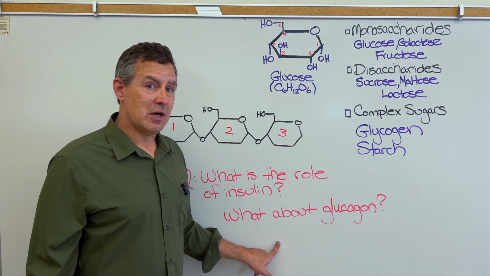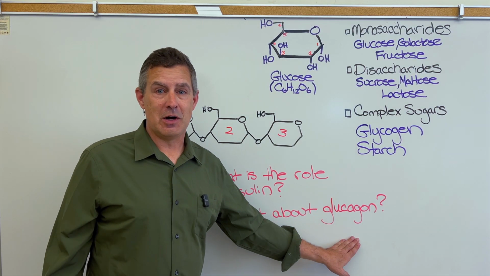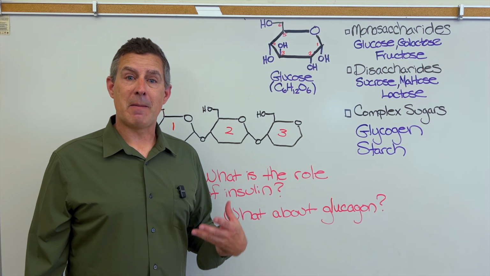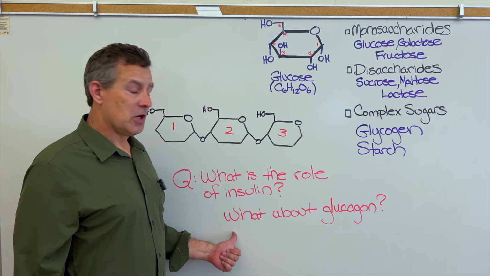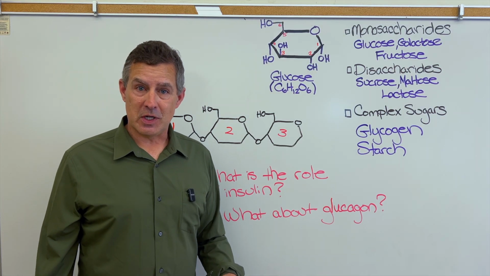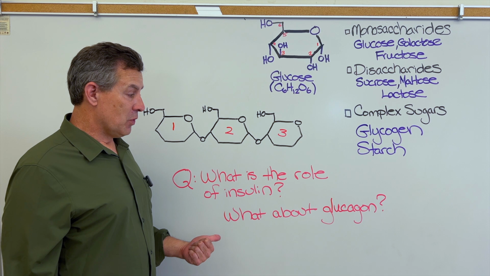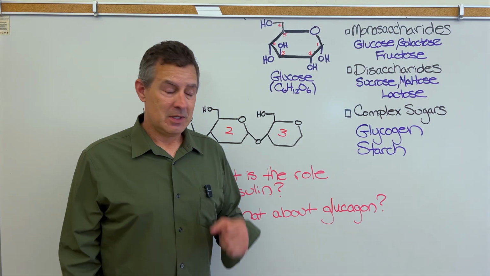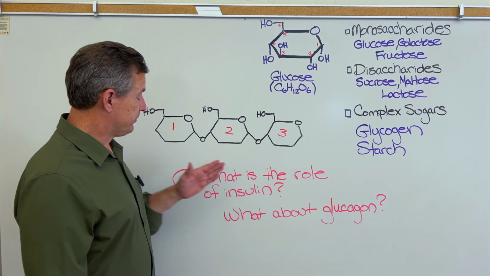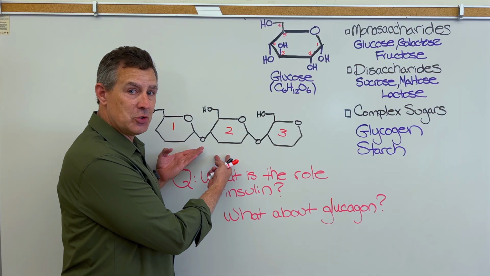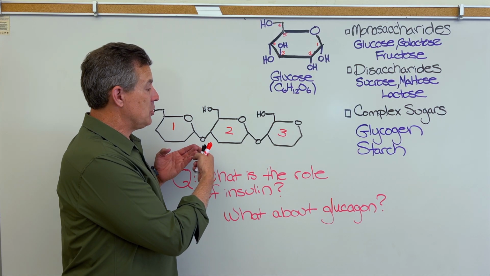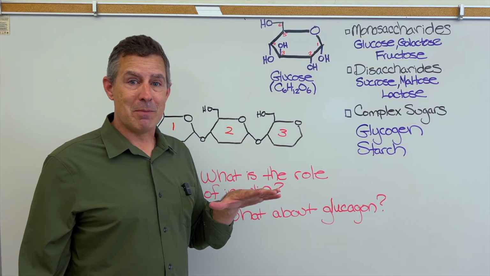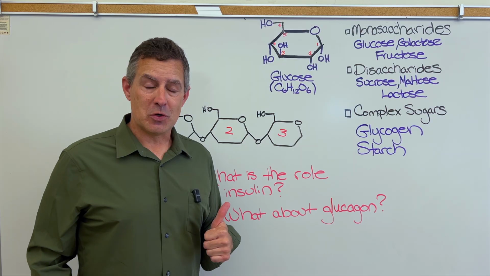What is the role of glucagon? Well, like insulin, glucagon is released from the pancreas, whereas insulin is released from the pancreatic beta cells, glucagon is released from the pancreatic alpha cells. And glucagon is released during times of low blood glucose levels. What that is going to cause is the breakdown or hydrolysis of glycogen. It's going to break apart glycogen and put these individual glucose molecules into the blood to increase our blood glucose levels.